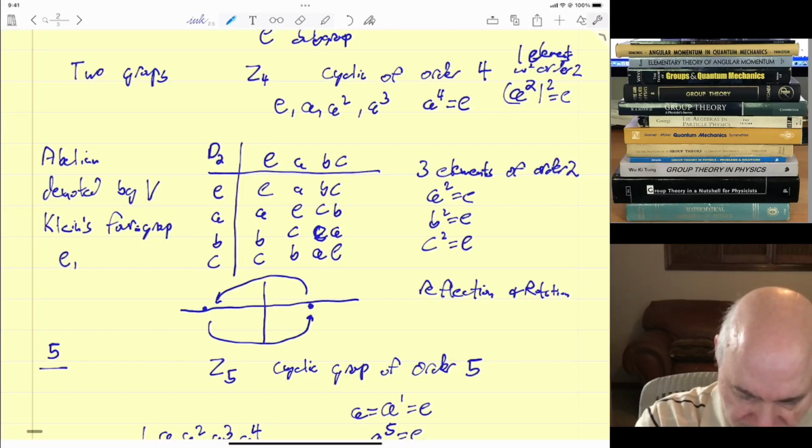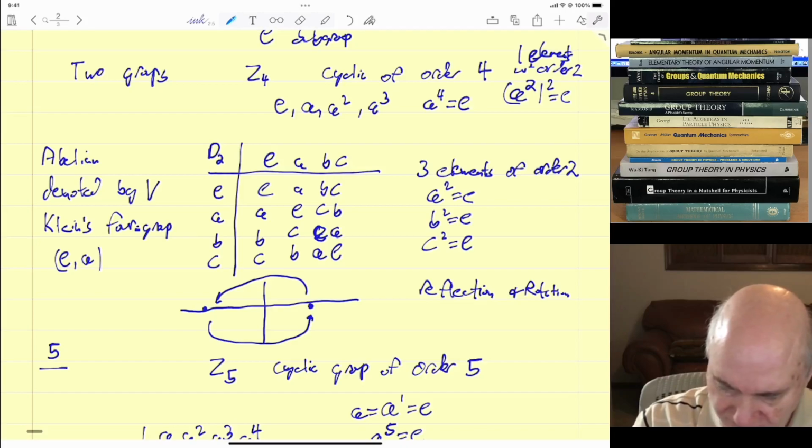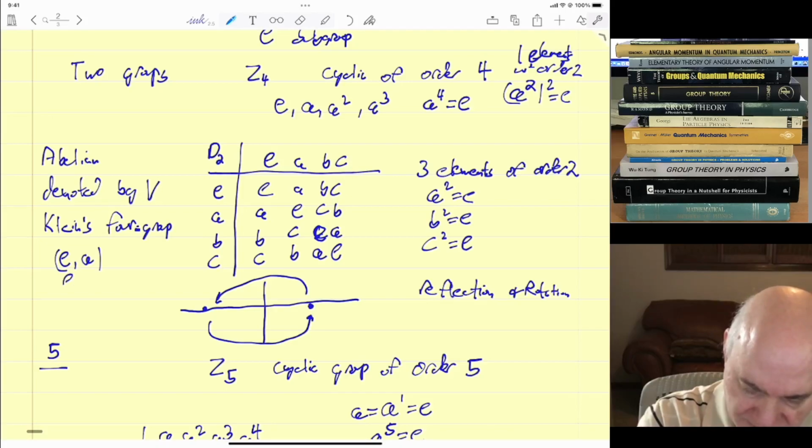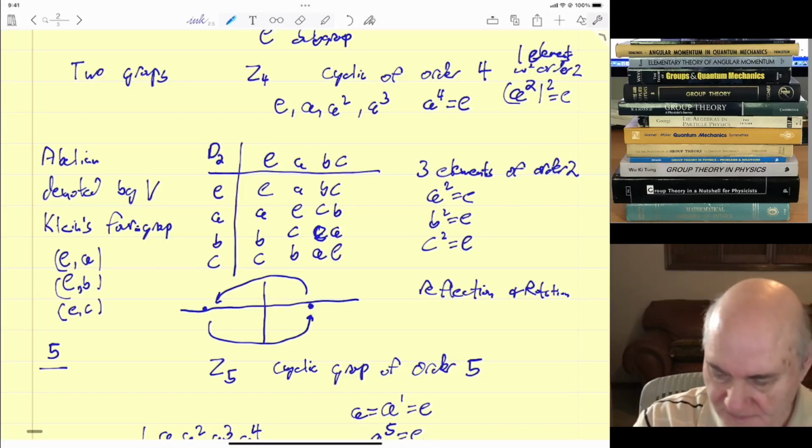E, A, let's see if that's a subgroup. Well, E is always going to be in the group, and then E times A is A, that's in the group, and A times A is E. So this is a subgroup, and E, B is a different subgroup, and E, C is a subgroup.